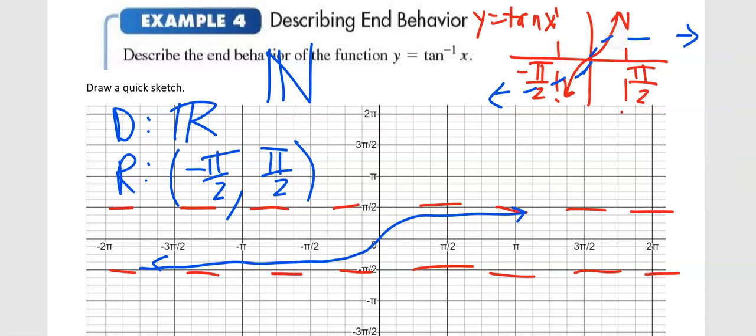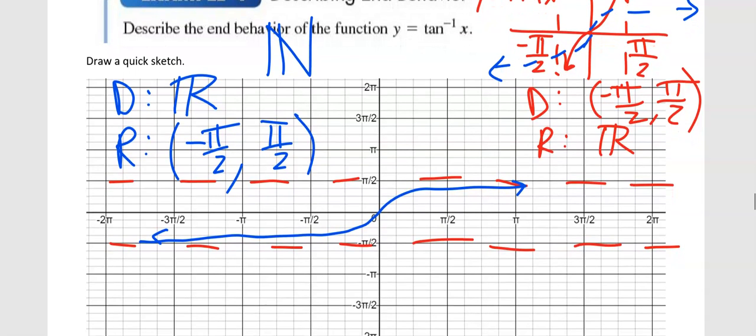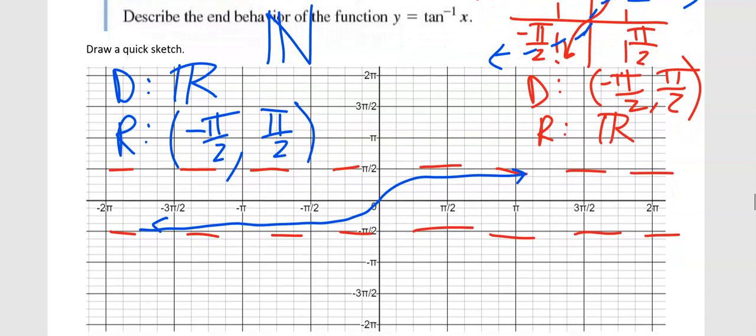That does go along with the idea of the restricted domain here, which was negative pi over 2 to pi over 2, with a range of all reals. Obviously we see that they switched because we switched x and y. That happens every time you switch x and y. The domain and range switch. It kind of makes sense.